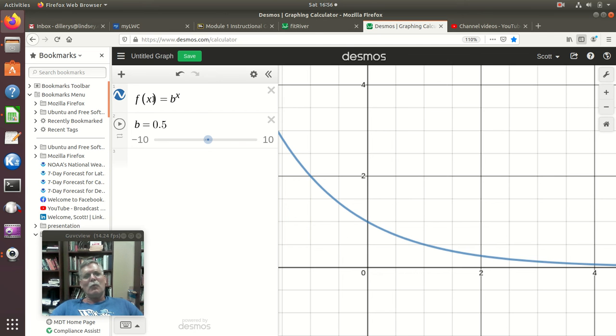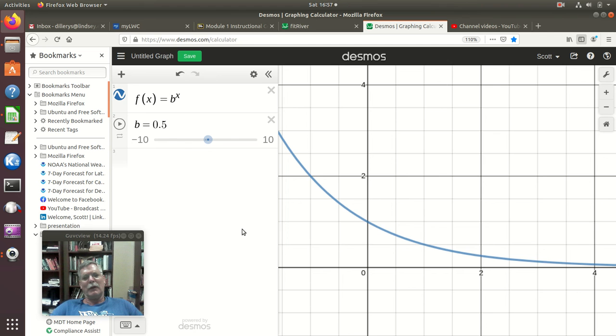And so when b is between 0 and 1, I get the same sort of behavior, but it's coming down from very large numbers as x was very negative. It's coming down, again crossing the y-axis. As long as I don't multiply by anything or shift it up or down or to the left or right, this thing is going to be going through 0, 1, because anything to the 0 power is 1 except 0, but we don't have a 0 here.